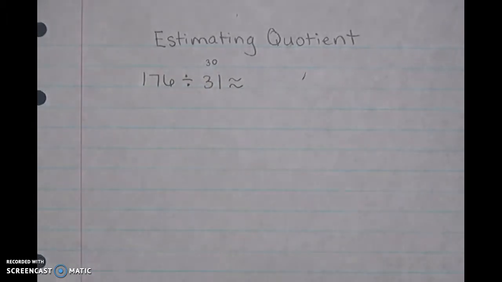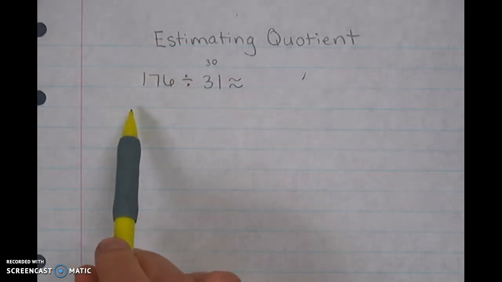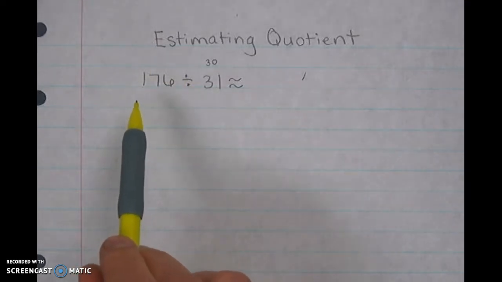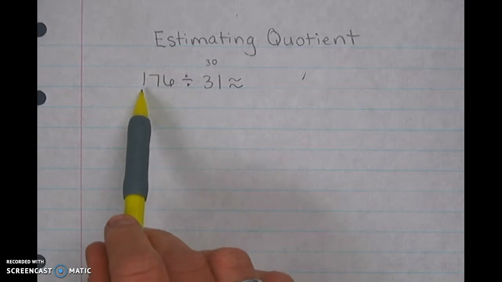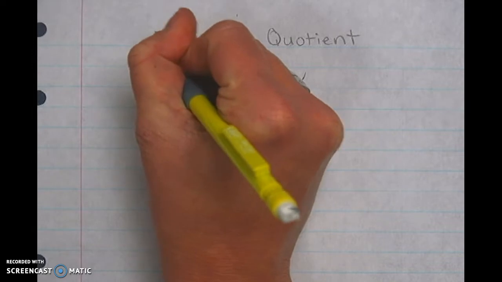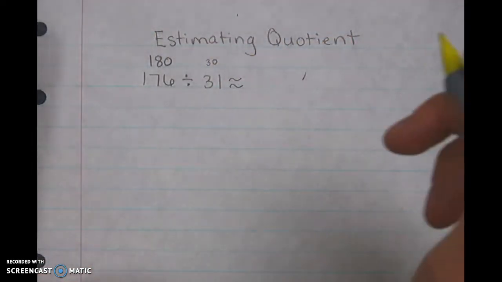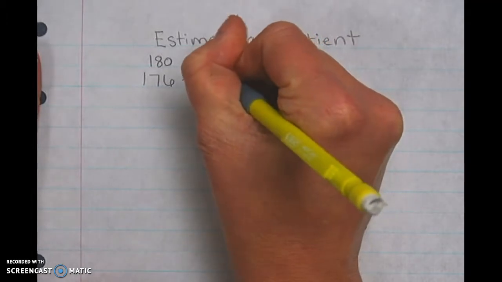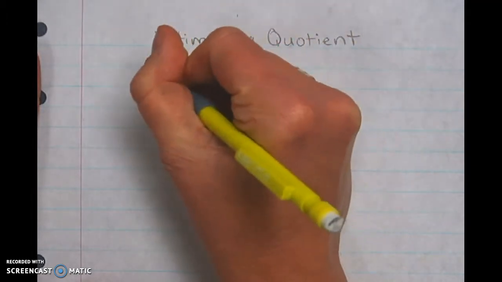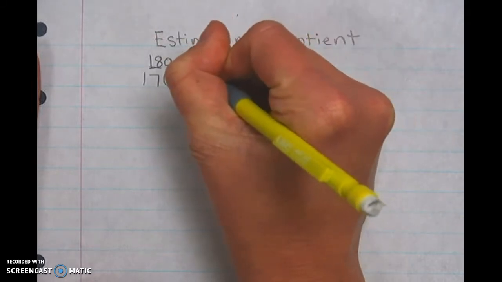And when I look at 178, well, it's closer to 200, but I know that 3 doesn't go into 2, so that's not going to work. But if I rounded 178 to 180, then that would work because I could do exactly what I learned yesterday when dividing multiples of 10.